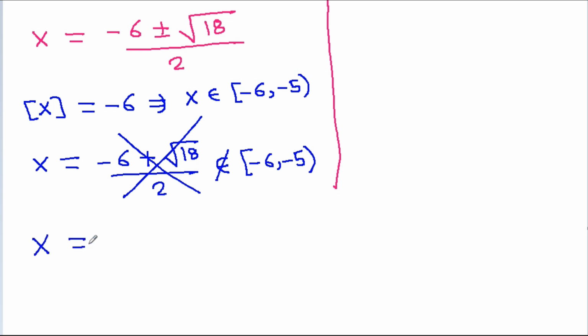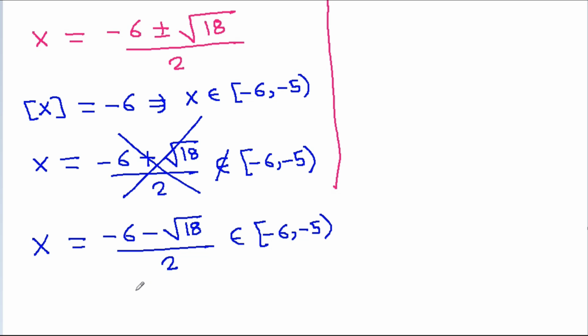And x equal to minus 6 minus square root of 18 by 2 belongs from minus 6 to minus 5. So it is one value of x.